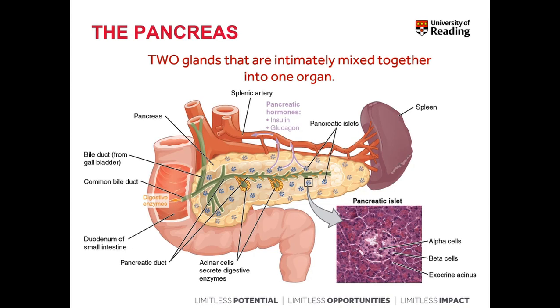But then inside of the pancreas, within the pancreatic parenchyma, we have the pancreatic islets, which contain two kinds of cells, alpha cells and beta cells. These islets, which are enclosed within the parenchyma of exocrine acinar cells, are responsible for the synthesis and secretion into the plasma circulation of two hormones, insulin and glucagon.